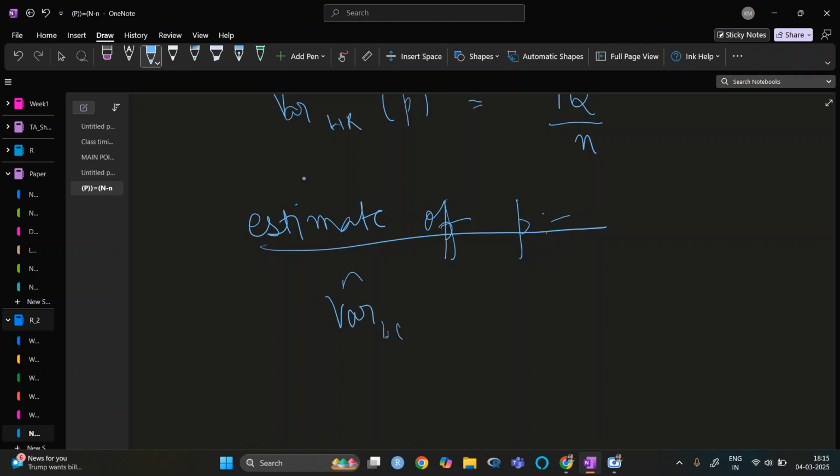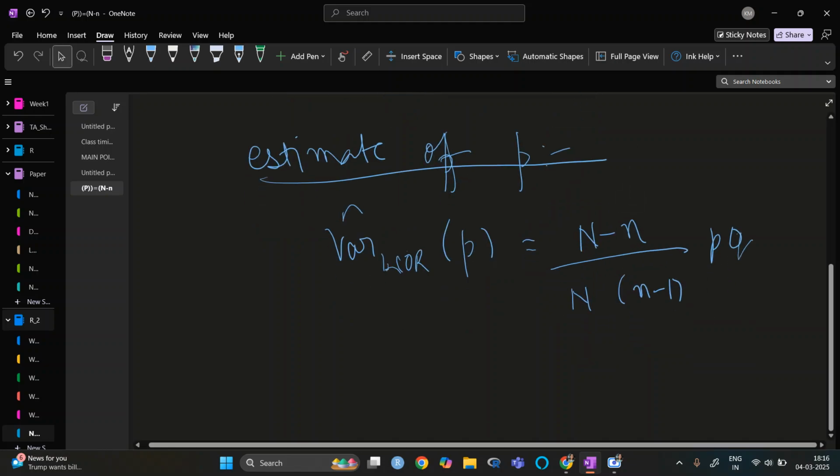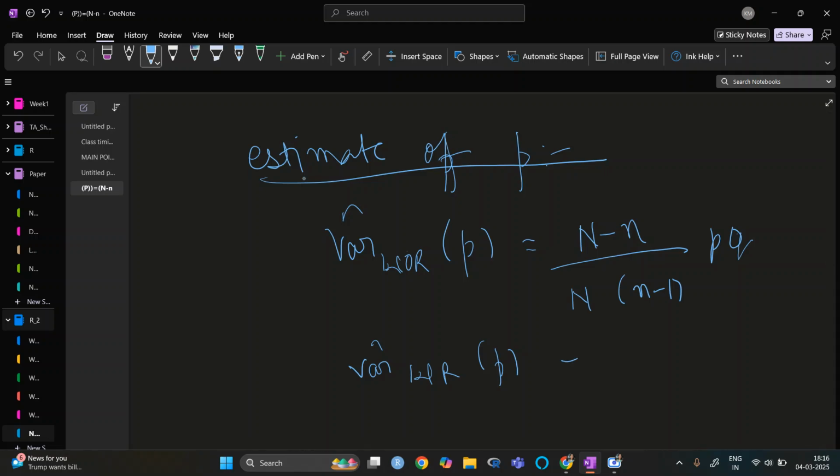So we do the estimate with this hat: that one will be (N minus n) upon N, n minus 1, pq, and the variance under with replacement will be pq upon n minus 1.